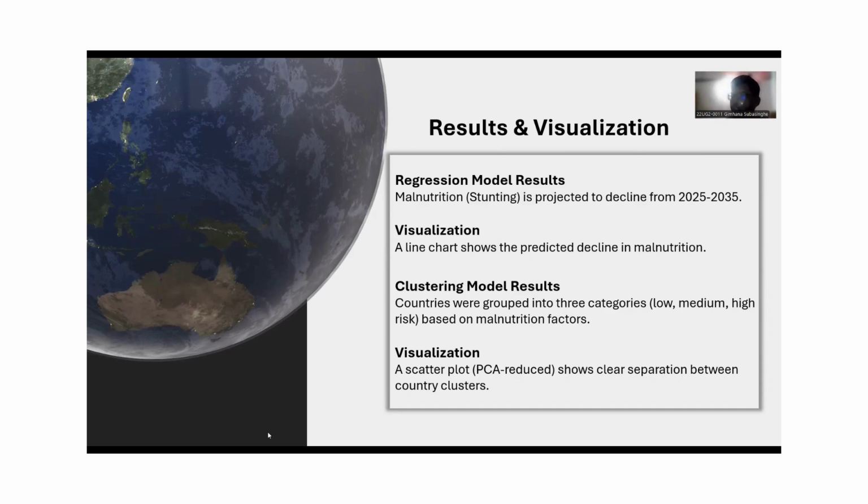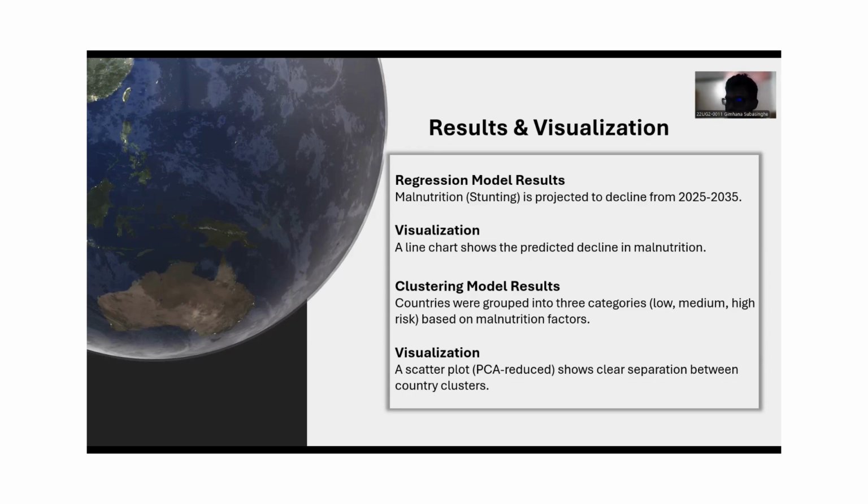For the clustering model, we divided countries into three groups: low, medium, and high risk. Our scatter plot visualization makes it easier to see which countries fall into each category. This insight is useful for NGOs and policymakers who can now prioritize aid efforts based on actual data.